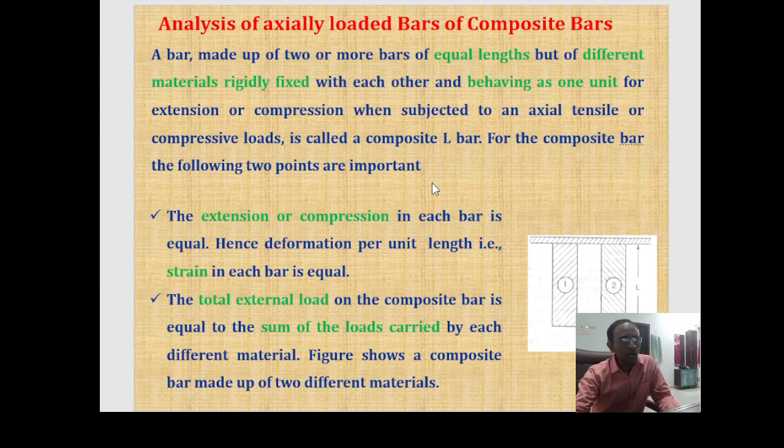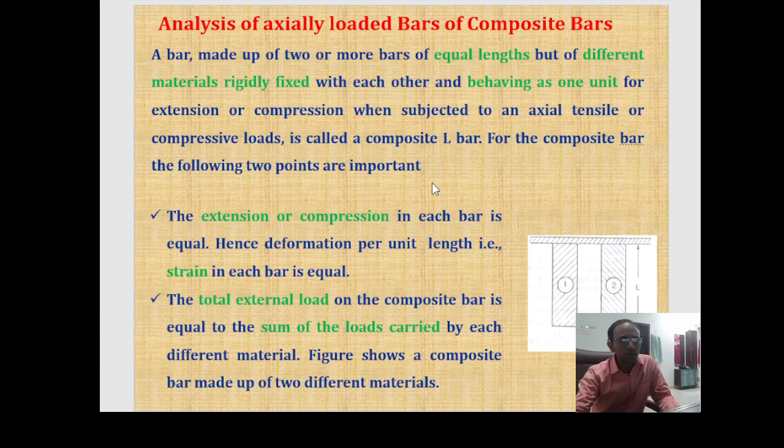Two or more bars of equal lengths, preferably made of dissimilar materials and rigidly fixed with each other, behave as one unit when loaded. It may be subjected to some extension or compression under the loads.